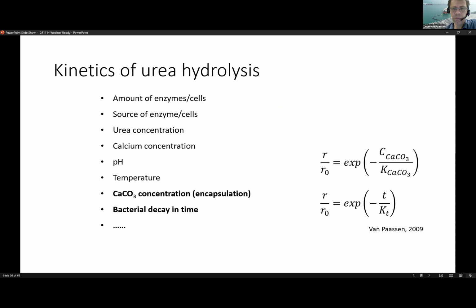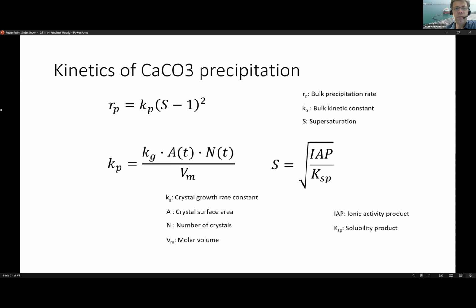If we also look at the precipitation reaction, we can describe the precipitation reaction as a function of the supersaturation S. The supersaturation means the square root of the ionic activity product over the solubility product. If that becomes larger than 1, then the precipitation rate may start, given a certain rate constant Kp. This rate constant is in fact not a constant.